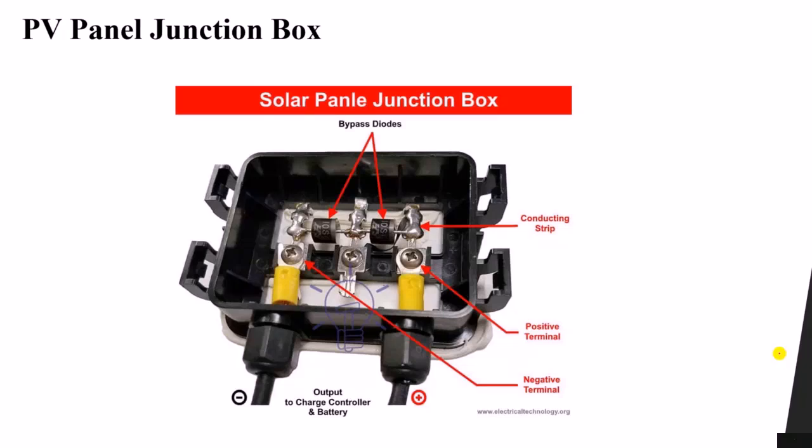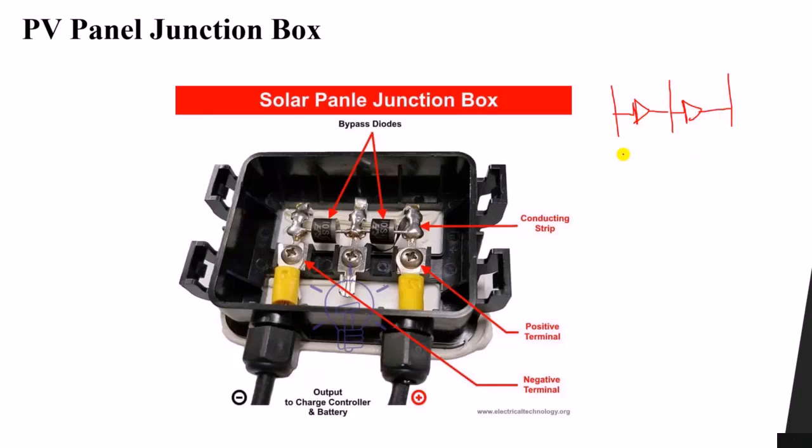So here is the same idea, you can see we have the bypass diodes. Here we can say this one is a conducting strip, related to each string. This type, for example, has only two diodes, a diode like this and another diode like this.